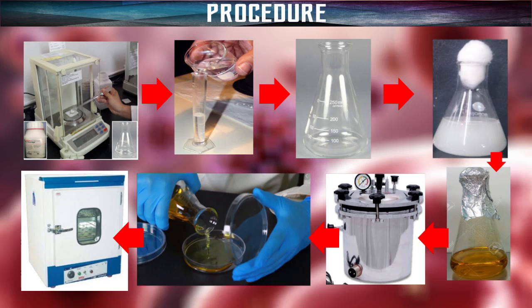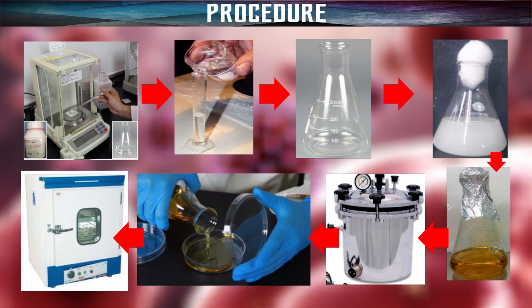When the media is at room temperature, hold the media and remove the cotton plug and aluminum foil, and then sterilize the tip of the conical flask in a spirit lamp and then gently pour into the culture plates and immediately cover the culture plates after you have poured the media.